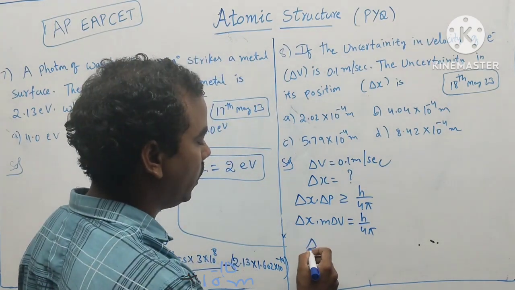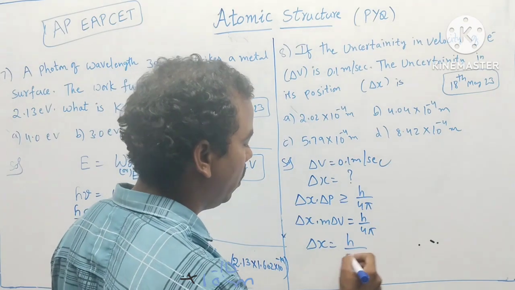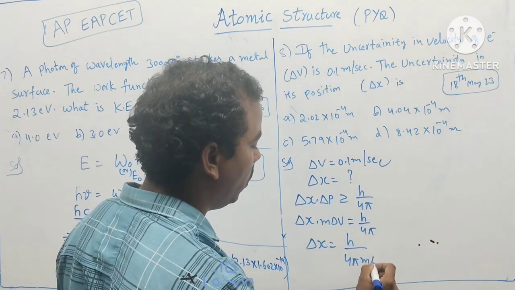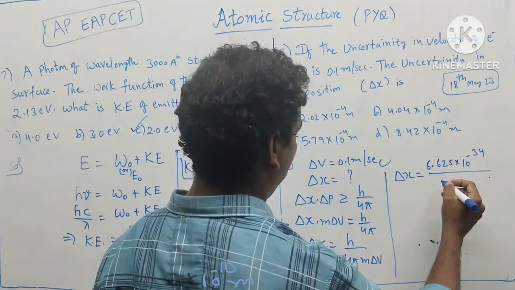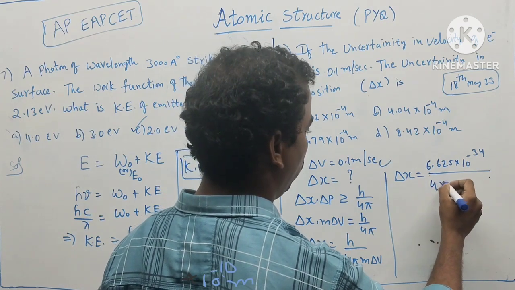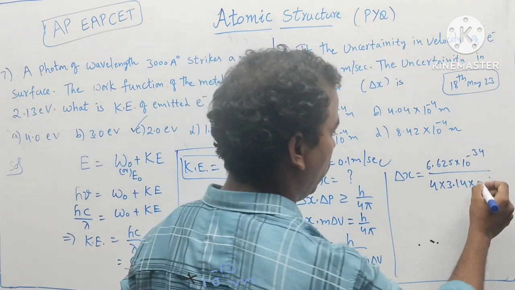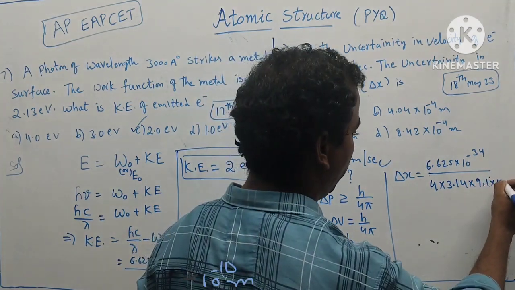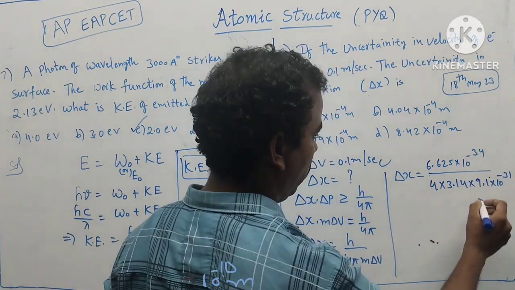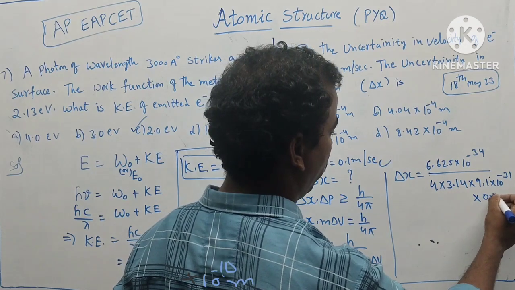So we want delta x. Delta x is equal to h by 4 pi m into delta V. So h by 4 into pi value 3.14 into m value, mass of the electron 9.1 into 10 power minus 31, into delta V 0.1.